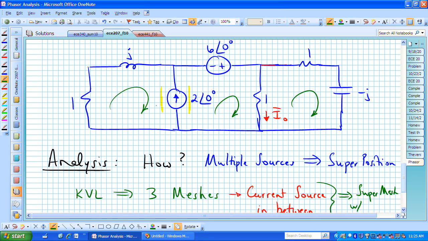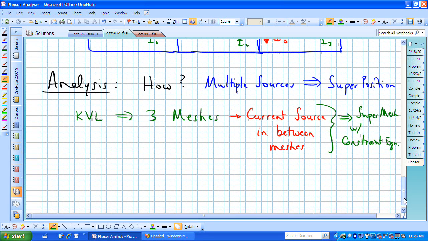And if we had labeled these I1, I2, and I3, I think it's clear that this 2 is going in the up direction, and then we could relate that to I1 and I2 as 2 is equal to I2 minus I1. That's the net current flowing up in terms of I1 and I2. That's if we would do mesh analysis.